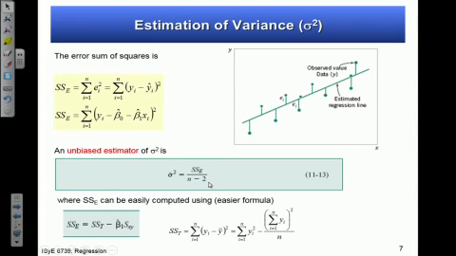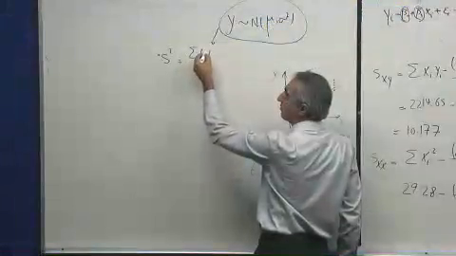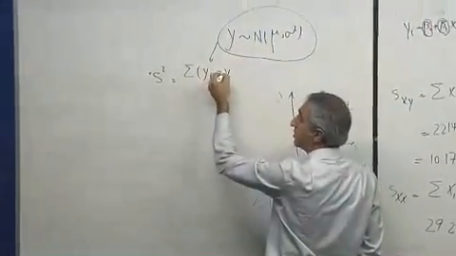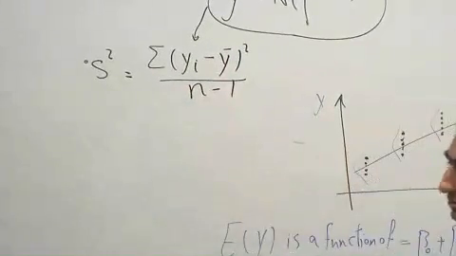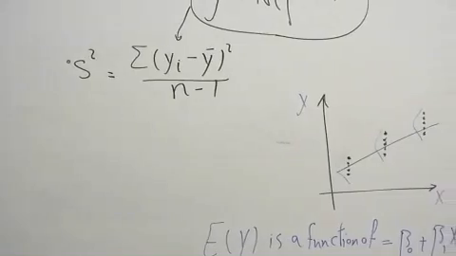The variance estimate. Do you remember the variance estimate for this case? What was that? You tell me. Summation of y minus y bar squared divided by n minus 1. Okay.